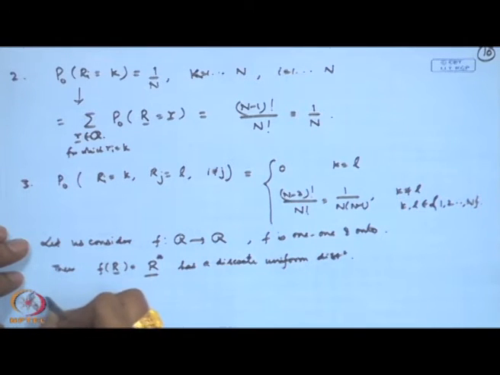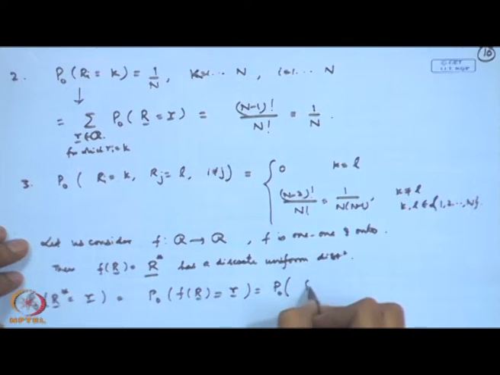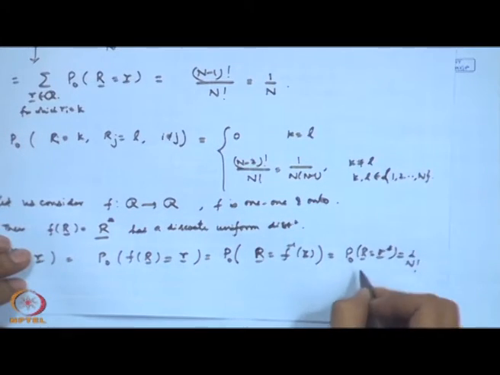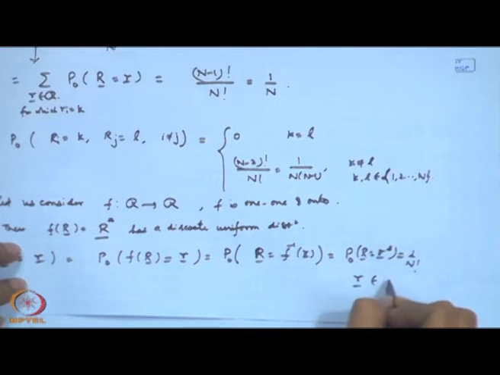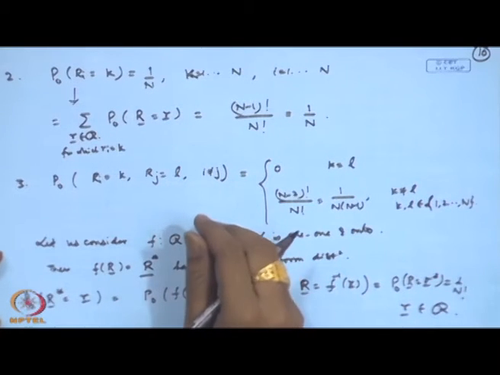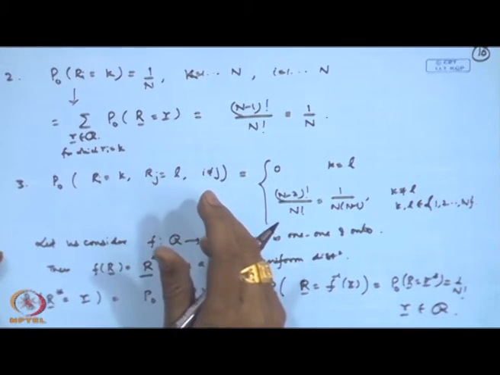That is, if I consider P_0 of f(R) is equal to r, that is probability of R is equal to f inverse r, that is equal to probability of R is equal to r star, that is equal to 1 by n factorial for r belonging to R. So, we are able to talk about this basic distribution of the ranks of the observations when I consider the combined sample.